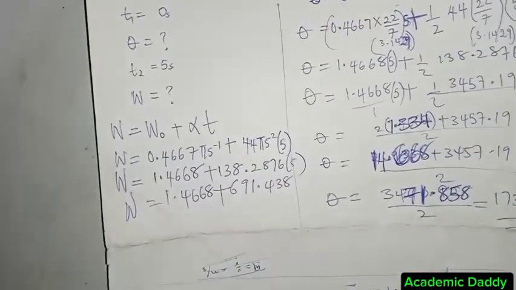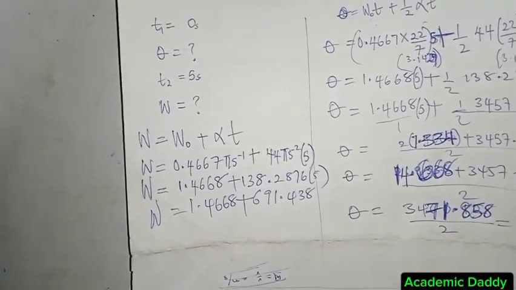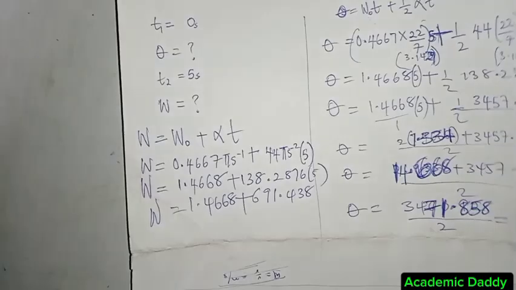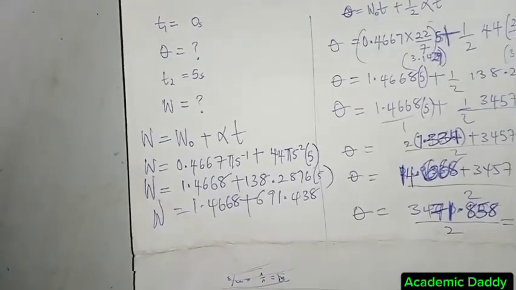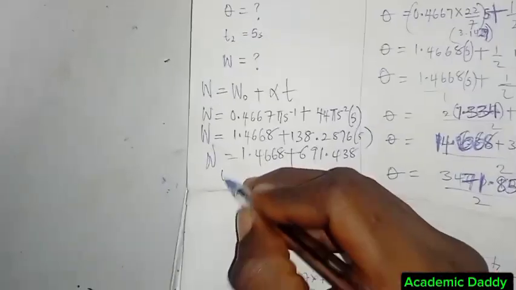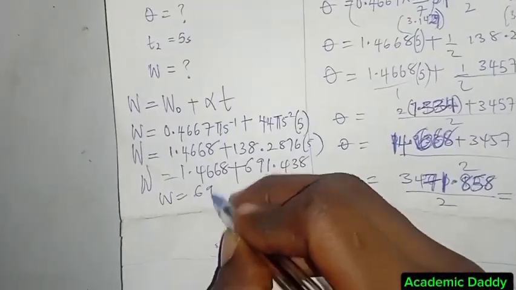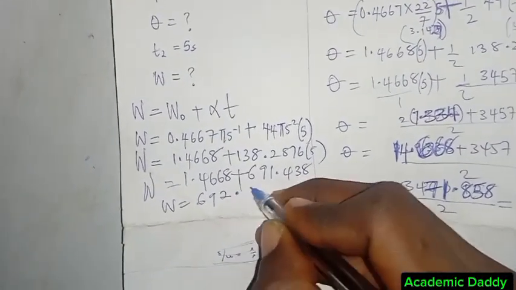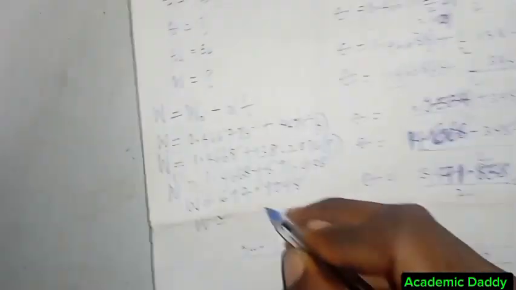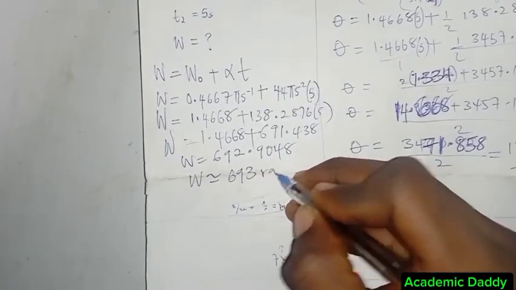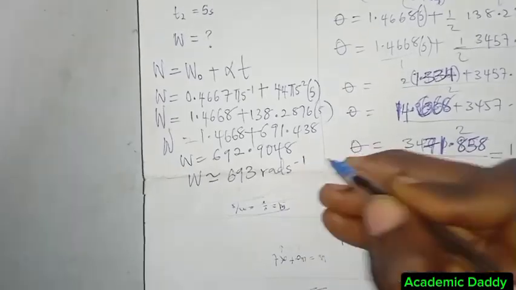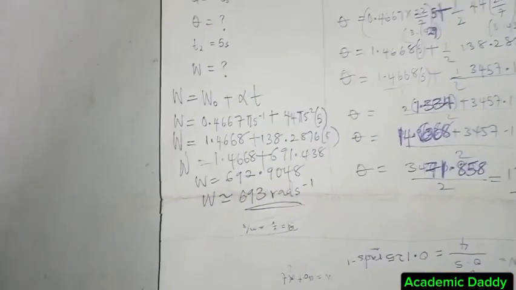So you have W to be equal to 692.9048. So W is approximately 693, and this is going to be in rads per second. That is it.